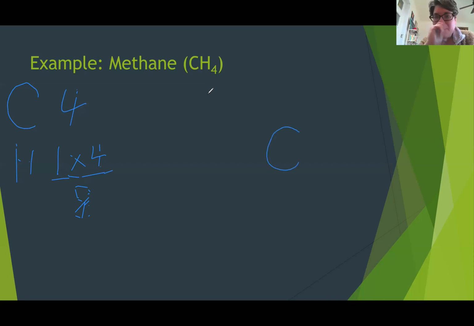So we'll draw a carbon here. And then I'm just going to do a basic backbone structure. So there's one H. There is another H. There is another H and another H. Okay, can you see that?